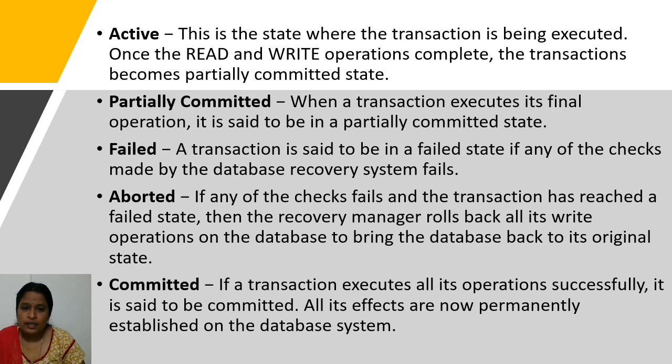Aborted: if any of the checks fails and the transaction has reached a failed state, then the recovery manager rolls back all its write operations on the database to bring the database back to its original state. Committed: if a transaction executes all its operations successfully, it is said to be committed.